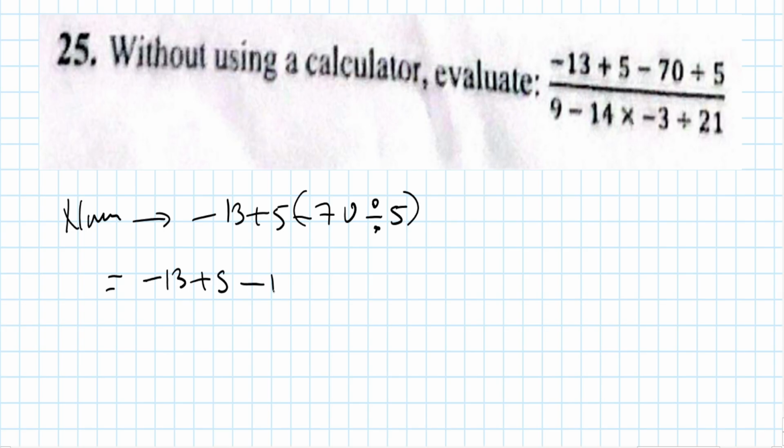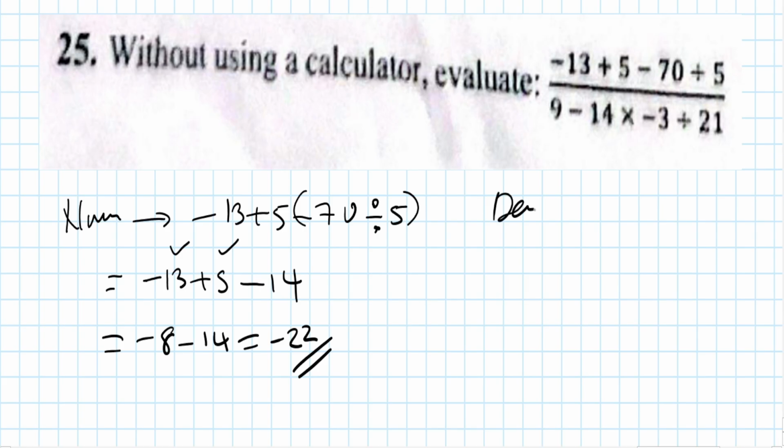Then minus 13 plus 5 is minus 8. Minus 8 minus 14 is going to give us minus 23. Yes, minus 22, sorry. So that is the numerator.